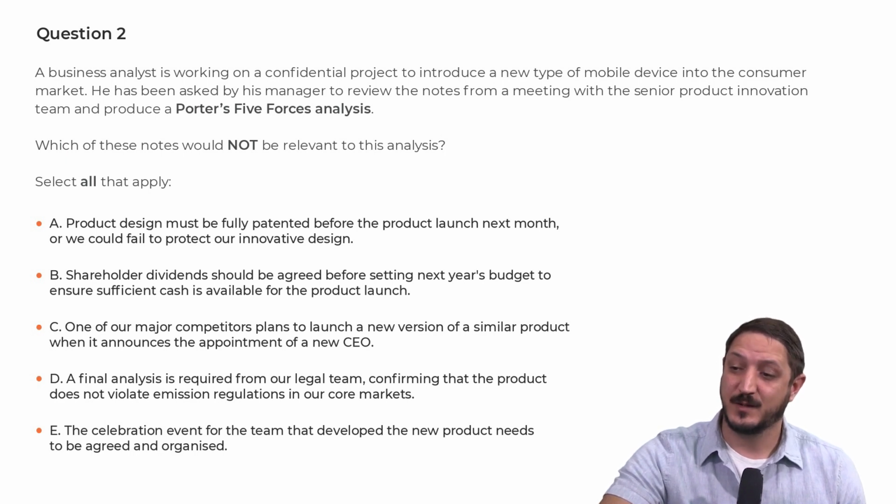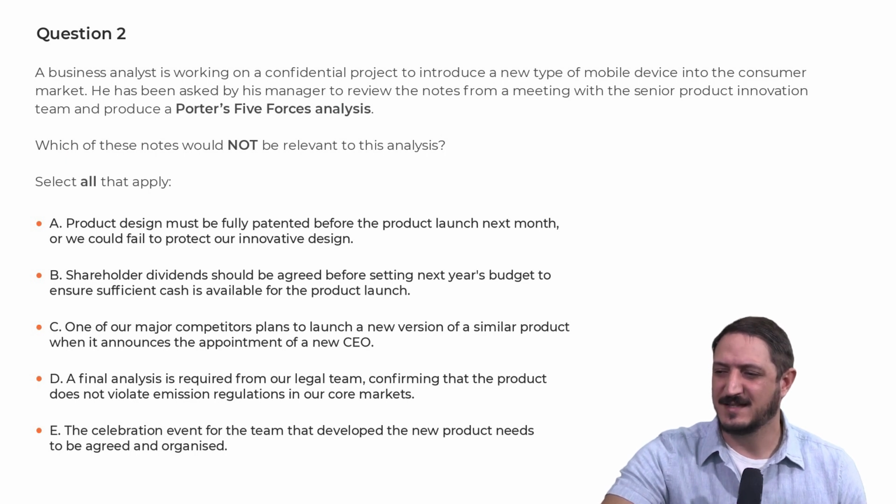Now let's look at B, which states that shareholder dividends should be agreed before setting next year's budget to ensure sufficient cash is available for the product launch. Is this relevant or not? We can see it's related to some form of internal financial consideration. It's not linked to any competitive external force.